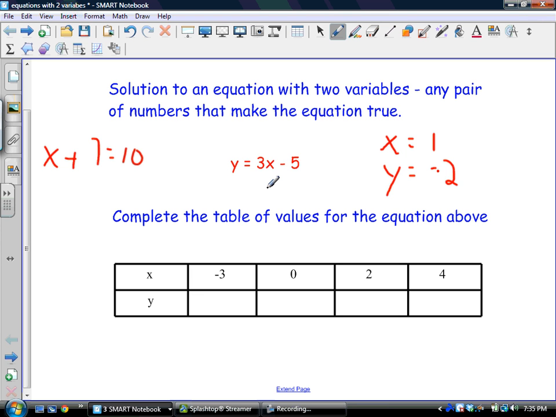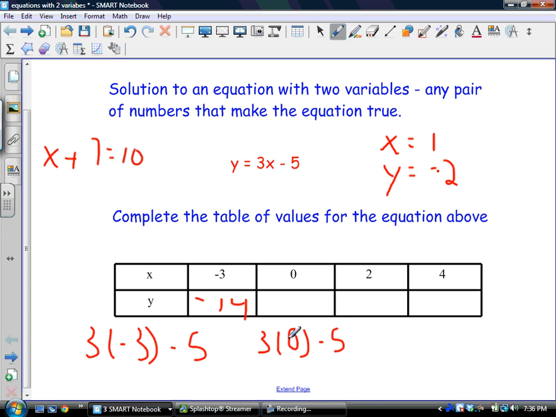If I put in a negative 3, I would be doing 3 times negative 3, which would give me negative 9. Minus 5 more would give me negative 14. If I plug in 0, I'd be doing 3 times 0 minus 5.